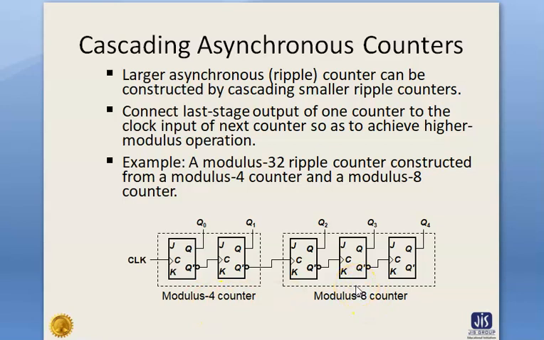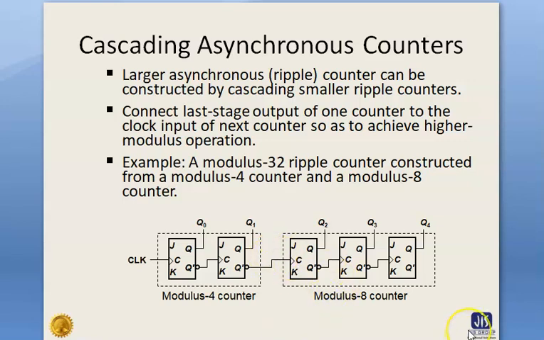So a larger asynchronous or ripple counter can be constructed by cascading smaller ripple counters, connecting the last stage output of one counter to the clock input of the next counter, so as to achieve higher modulus operation.